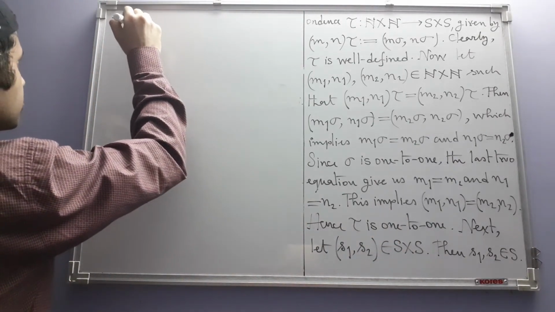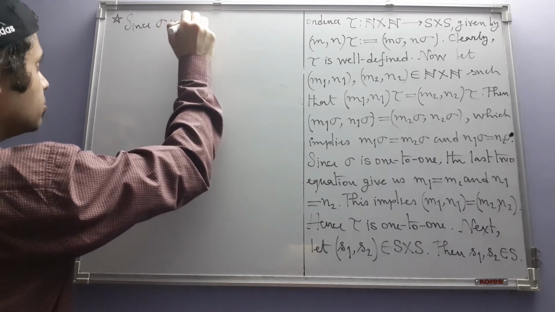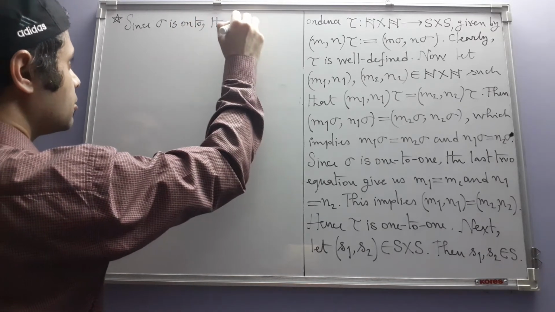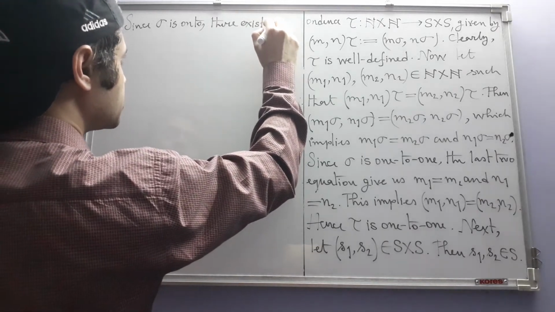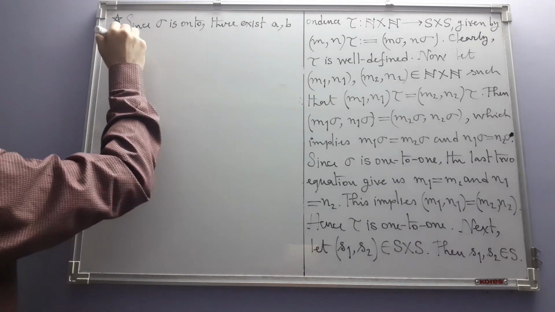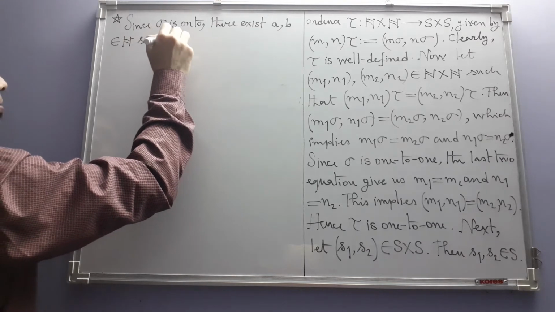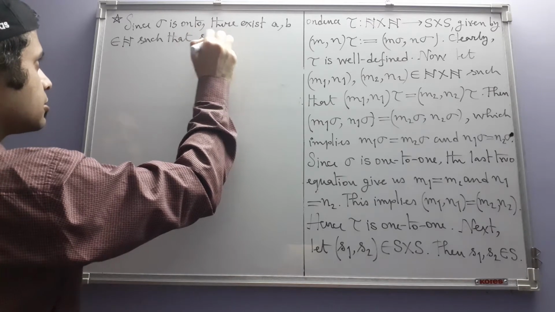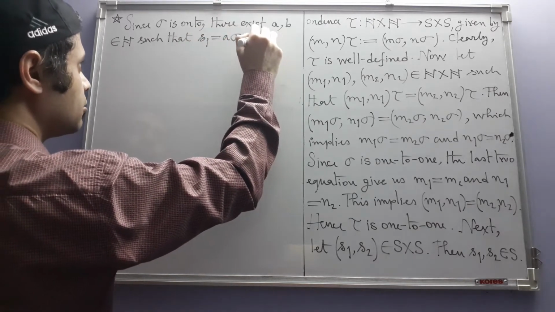Since sigma is onto, there exist, say, a and b belonging to the set of natural numbers such that s1 is a sigma and s2 is b sigma.